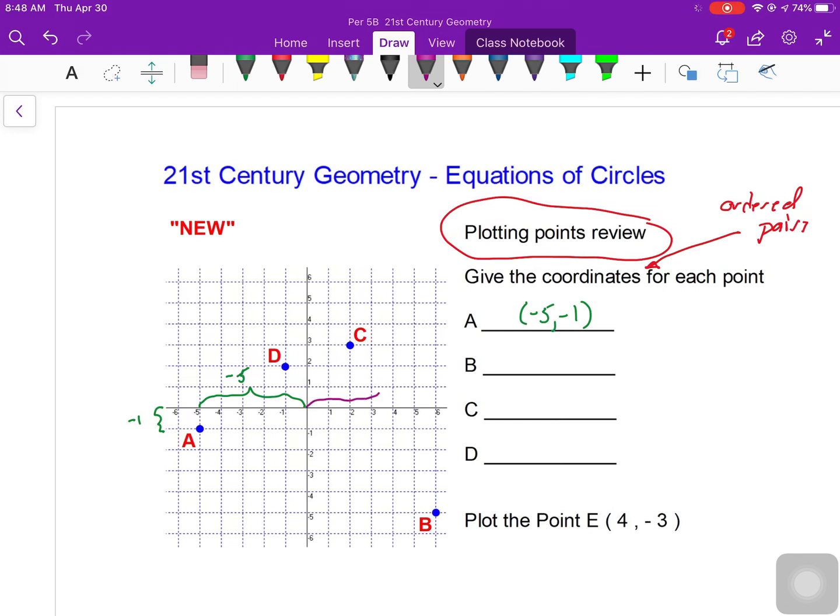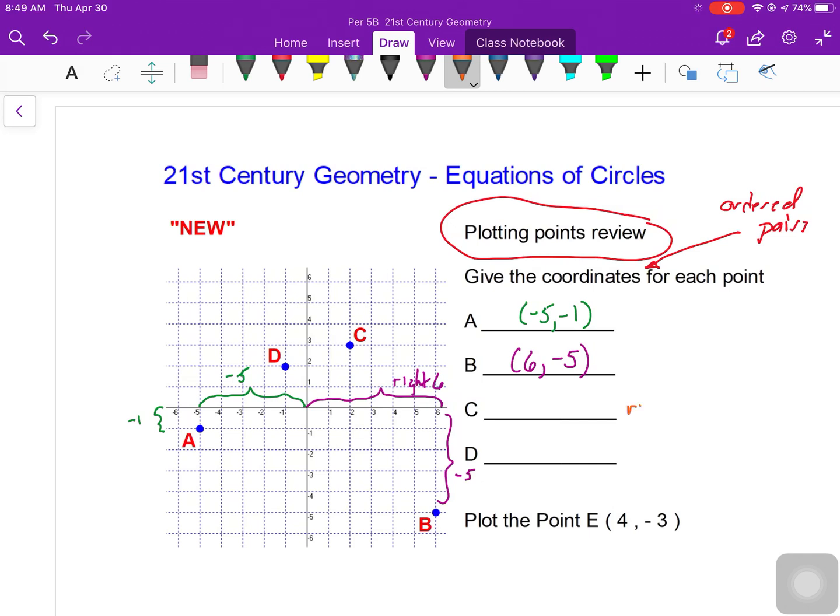Now B has gone to the right 6, and then it has gone down 5. So if you go right 6, that's a +6, and then you go down 5, that's a -5. So the ordered pair for B would be 6, -5.